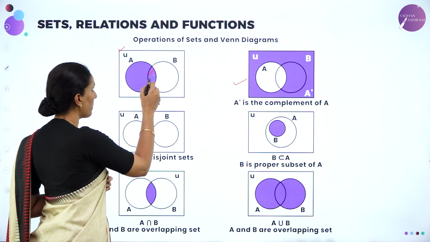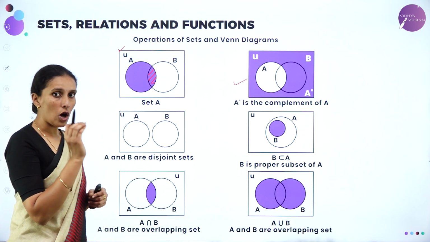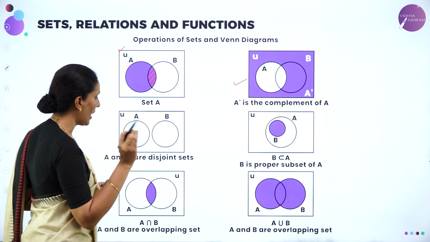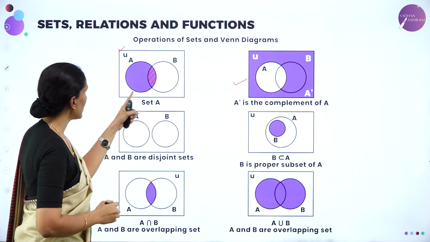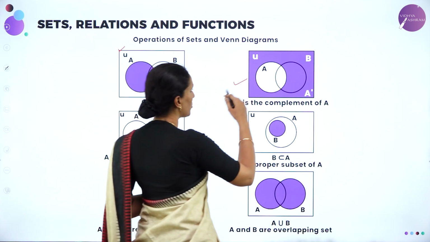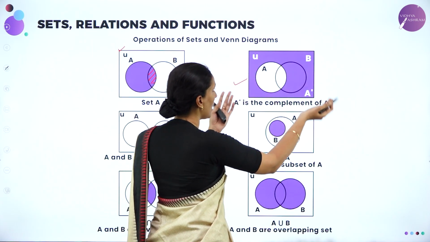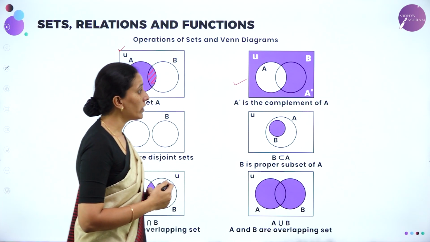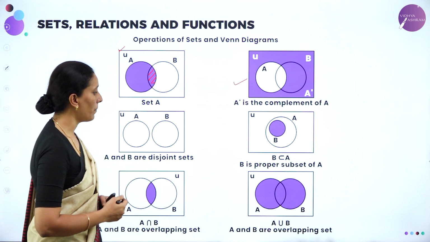This region represents the intersection of both A and B, that is, the common elements present in both A and B. Here the shaded region denotes set A, and in the second section you can clearly see the set A is not shaded, it is outside the region, which represents A dash, the complement of A.